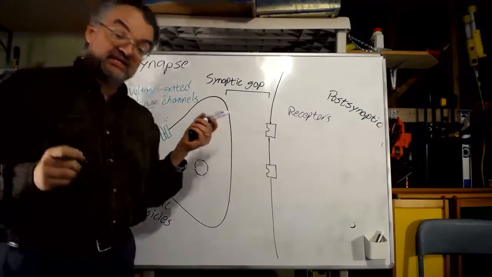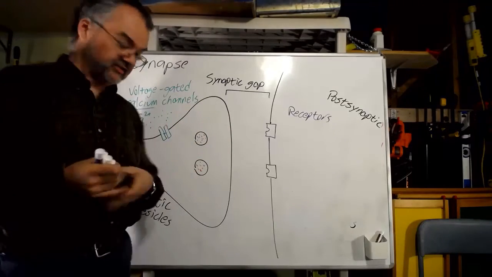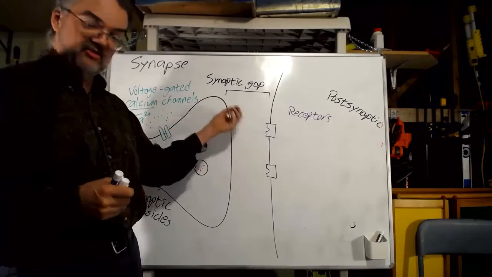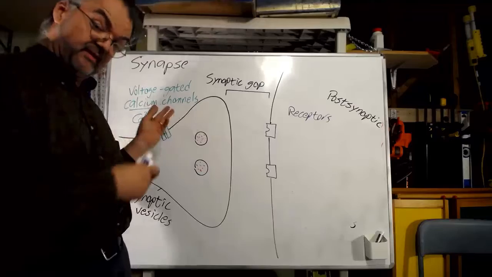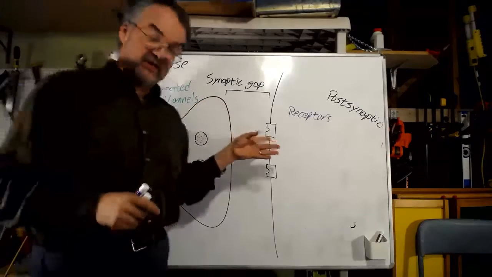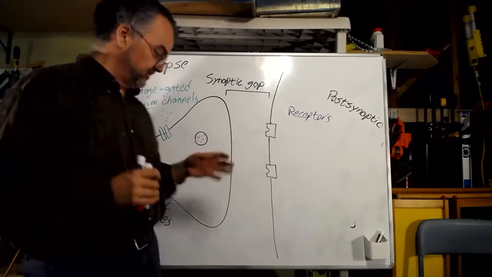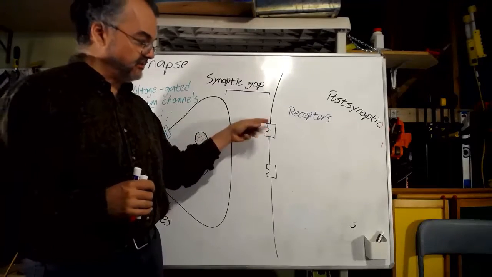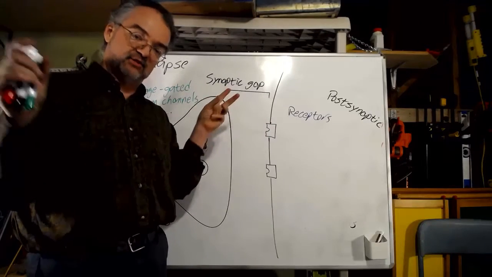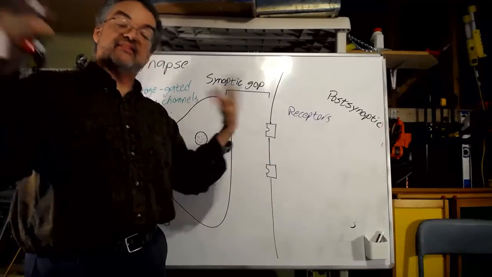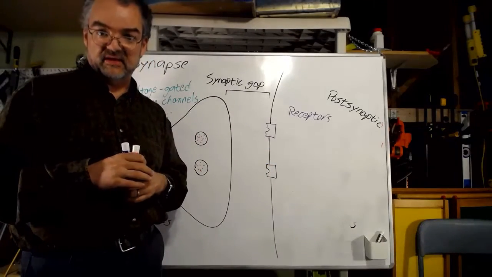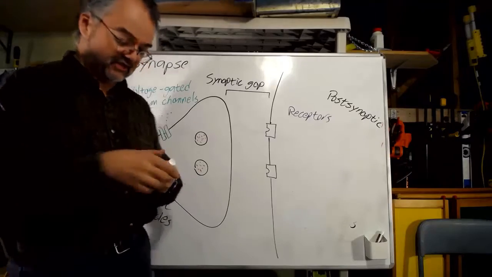Now, those could be chemically gated ion channels, so that this neurotransmitter will bind to them, they'll open, ions will flow in, and we'll get a graded potential, just like we talked about earlier. Or they could be G-protein coupled receptors, so that my neurotransmitter will bind to them, they will use a G-protein to influence usually an enzyme, that enzyme will make a second messenger, and that second messenger will cause an effect in the cell. Both of those are options in the nervous system.